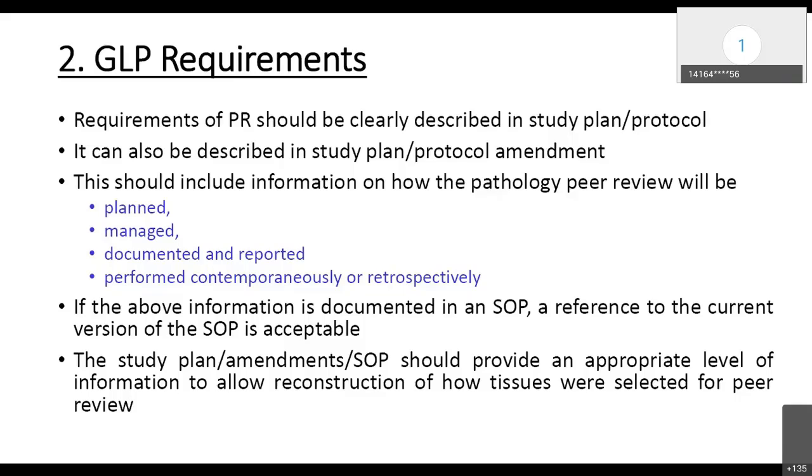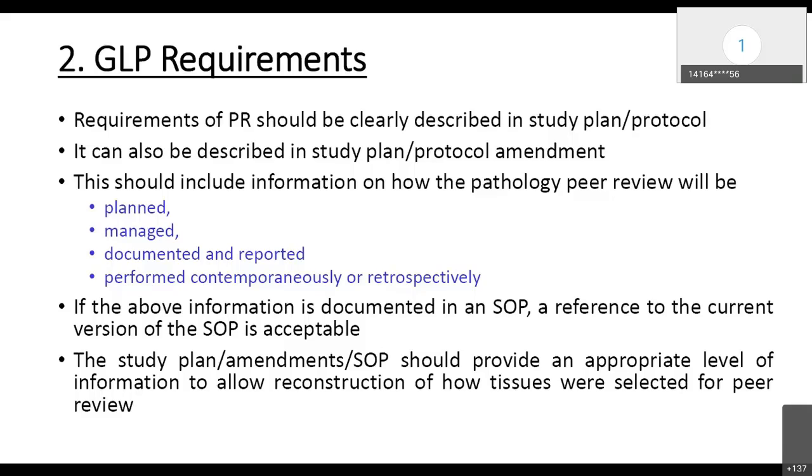The study plan should include information on how the peer review will be planned, managed, documented, reported, and performed. The peer review can be done contemporaneously or retrospectively. And if you have an SOP which describes how the peer review will be conducted, then in the study plan you need to just give a reference that peer review will be done according to this SOP.